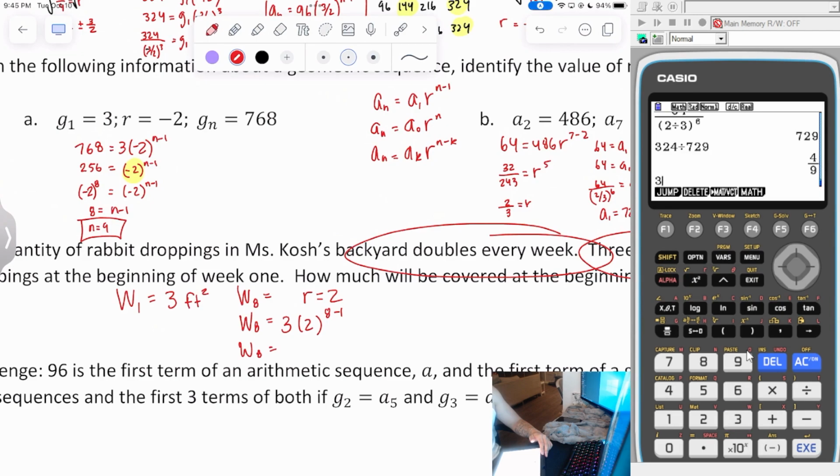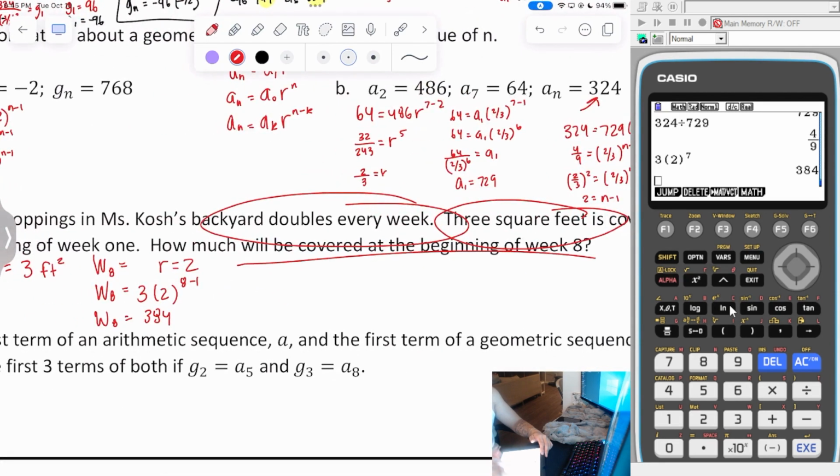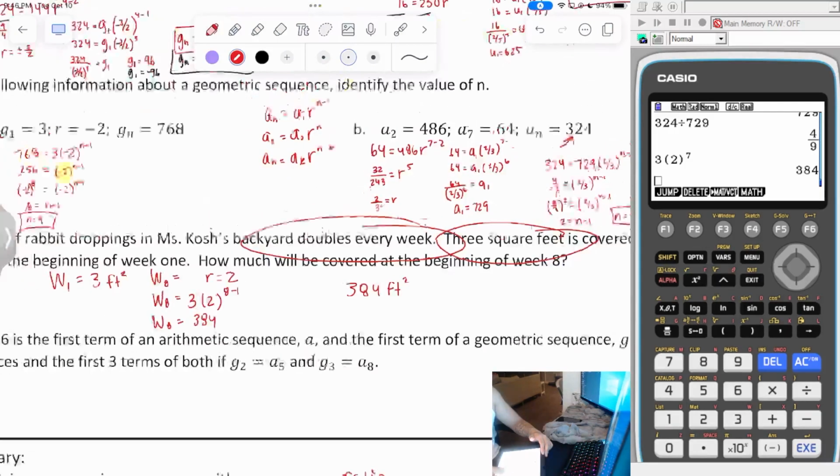So 3 times 2 to the power of, what was it, 8 minus 1, so 7? So 384. Now it just kind of verbalizes how much, just answering it directly, saying, hey, 384 feet squared is how much droppings exist on week 8.